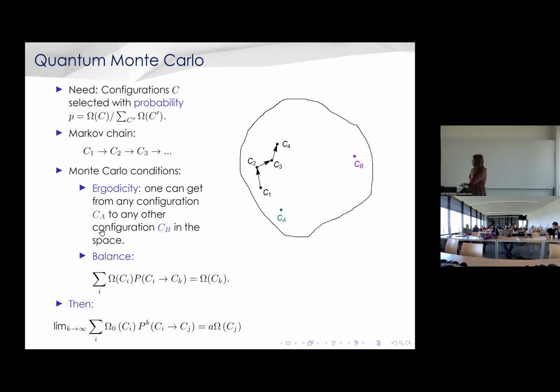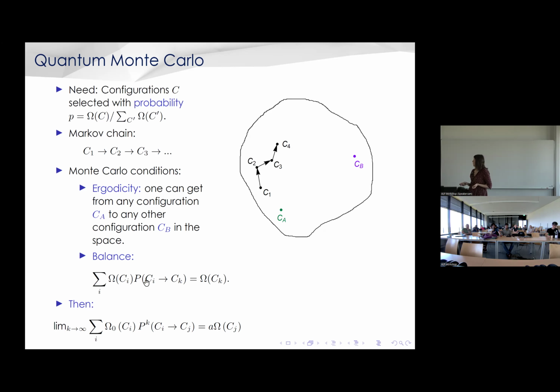And then the other condition is balance, which has to do with the weights and also the transition probabilities from one configuration to the next in the Markov chain. So as long as you have that, basically this summation over configurations I, the weight times the probability of going from CI to a particular K, as long as that's equal to the weight of K and it's ergodic, then one can show the following.